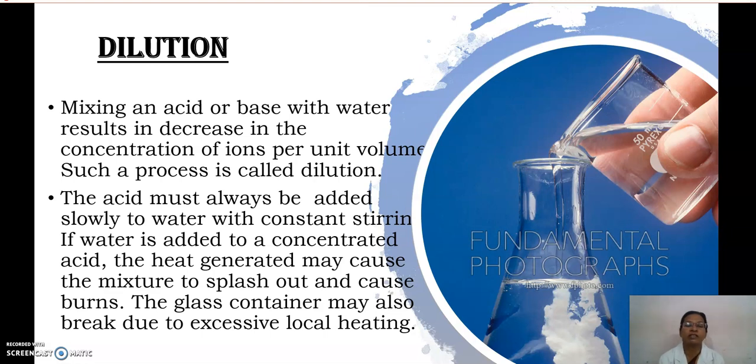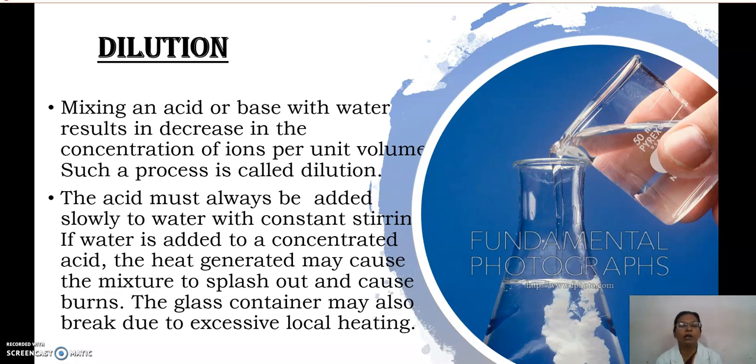That process is known as dilution. So that is what we have written: mixing an acid or base with water results in a decrease in the concentration of ions. Ions means either H plus ions in the case of acid or OH minus ions in the case of bases. Such a process is known as dilution.